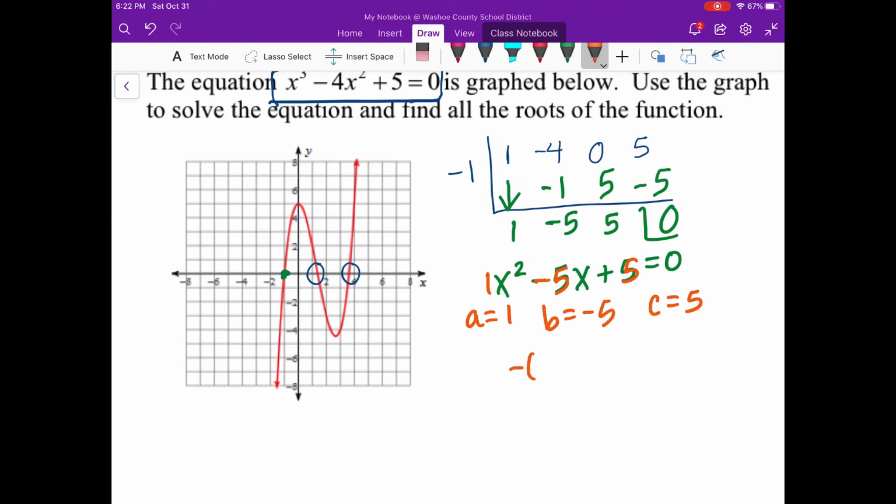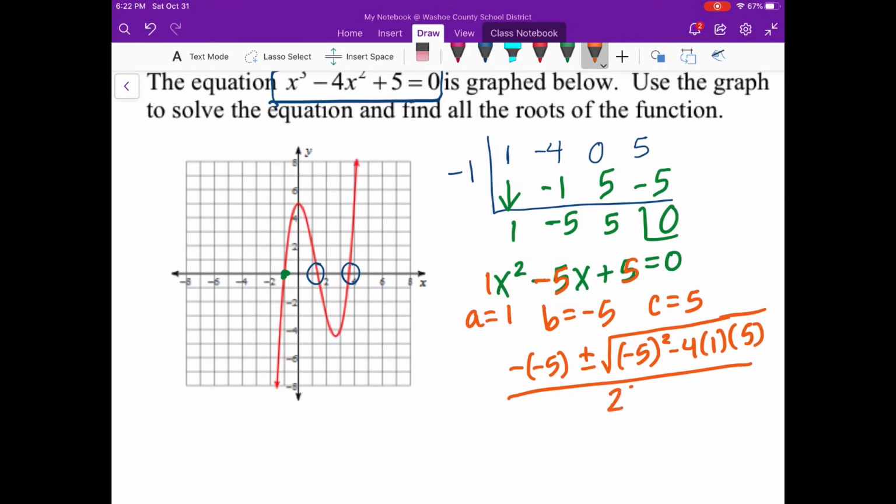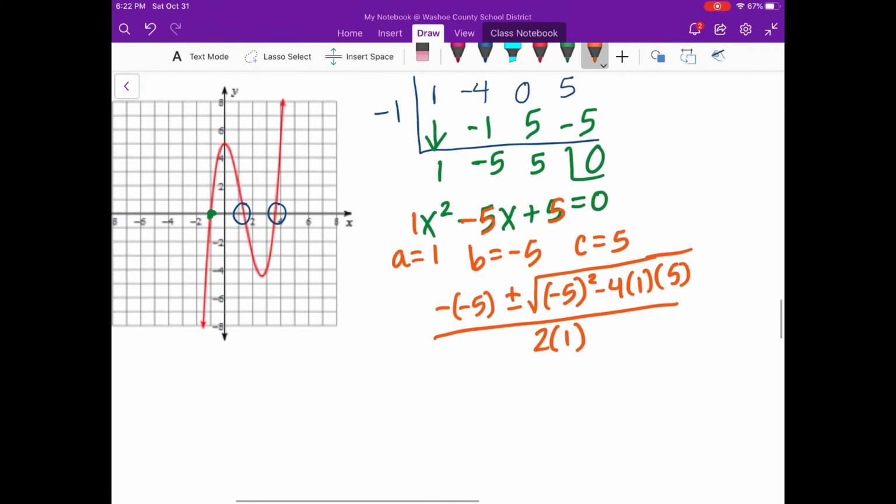So negative b plus or minus square root of b squared minus 4ac, all over 2a. Simplify what you can here. The two negatives are going to give me a positive 5 in the front, plus or minus square root. Okay, so 25 minus 20 gives me 5 there, and then in the denominator I have a 2.